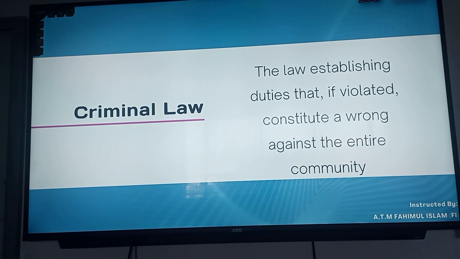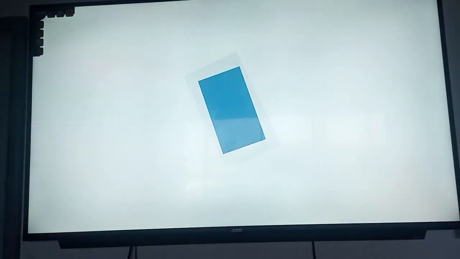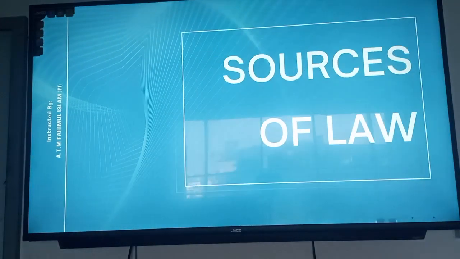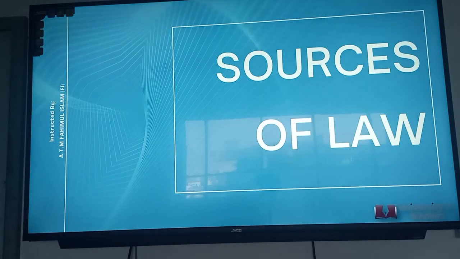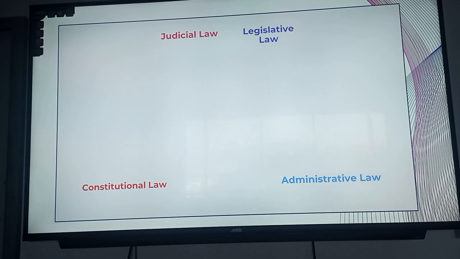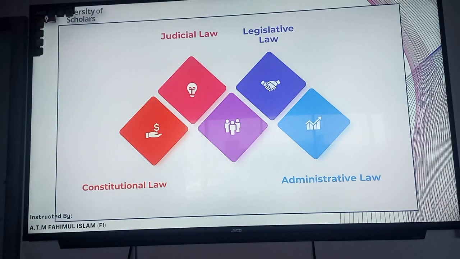So where do those laws come from? Talking about the sources of law. There can be many types of law. First one is constitutional law, then judicial law, legislative law, administrative law. We know about constitutional law established by the constitution itself, by the government.